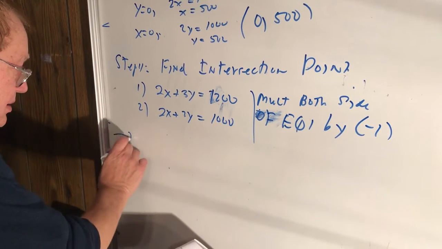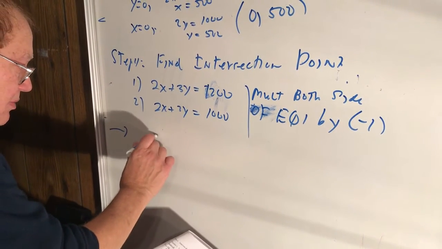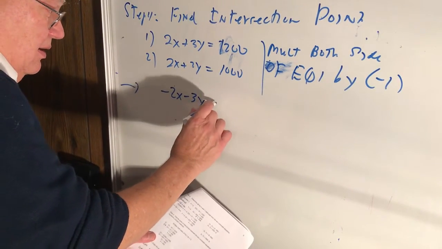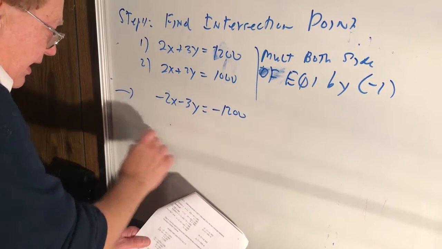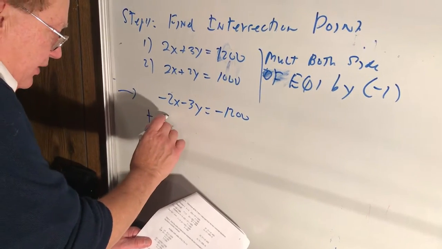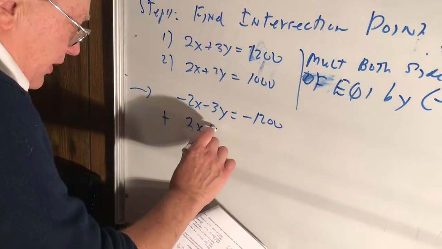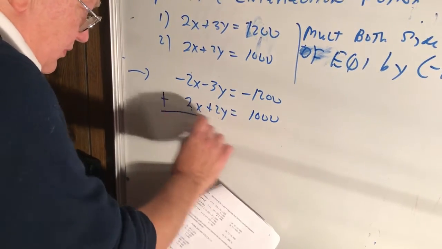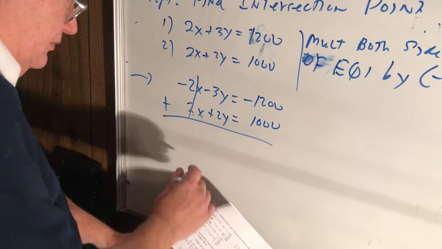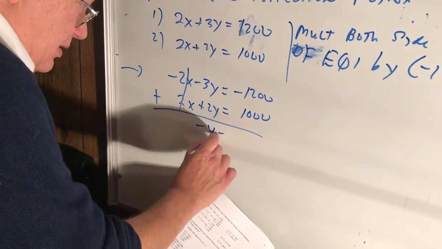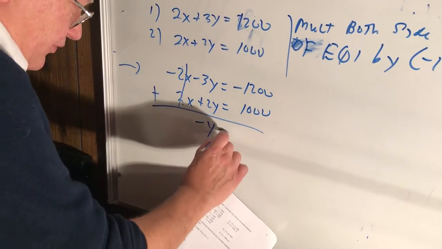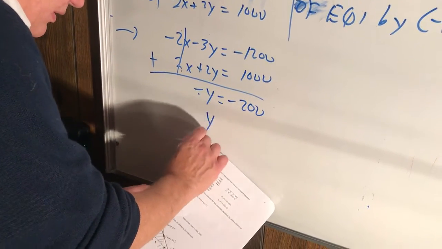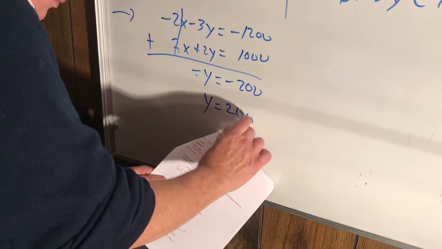So that gives me minus 2x minus 3y equals minus 1,200, and I'm going to add that to the second equation, 2x plus 2y equals 1,000. These cancel. I got minus y equals minus 200. Multiply both sides by minus 1, and y is 200.